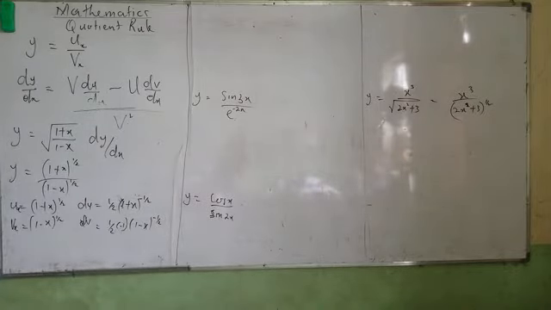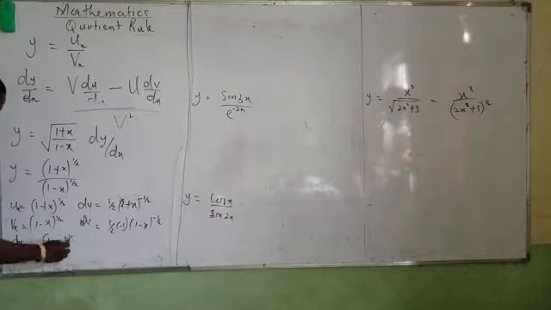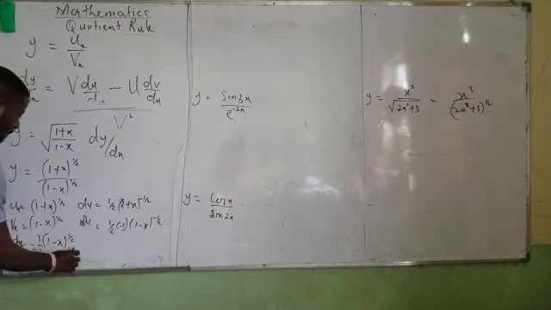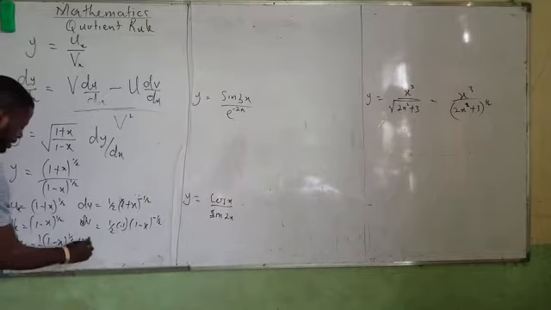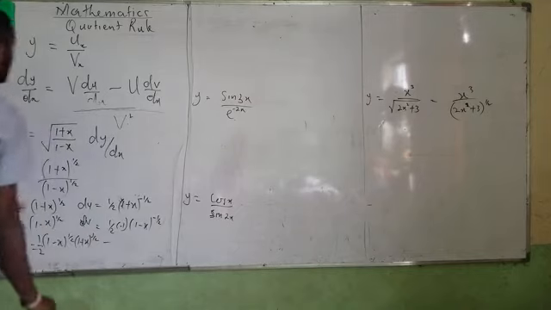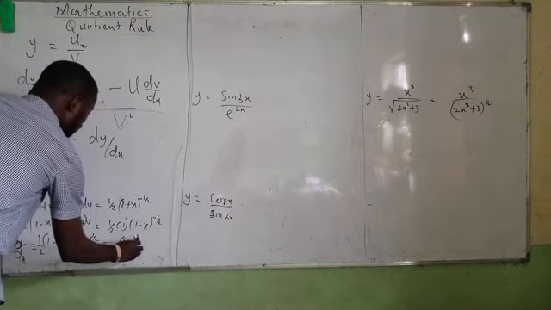I think you can continue by having dy/dx equal to. What is my v? This is my v: (1 minus x) to the power 1 over 2. My du is 1 over 2 of (1 plus x) to the power minus 1 over 2. And minus, what is my u? My u is (1 minus x) to the power 1 over 2.